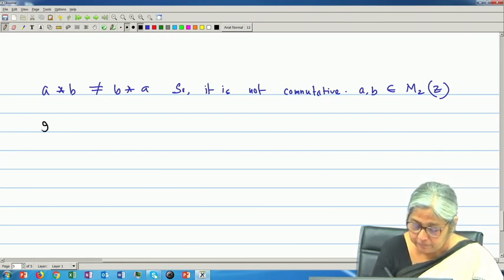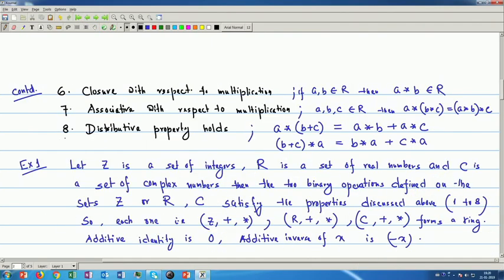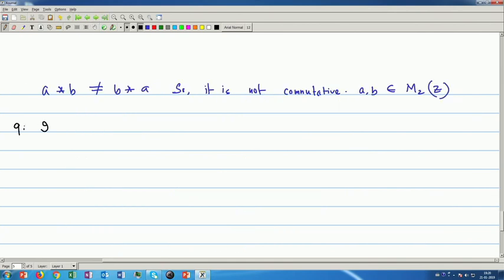That means, earlier we have seen that the ring holds 8 properties, now if we give a 9th property, that if A star B equals B star A, with respect to the operation multiplication, which may or may not be the ordinary multiplication. Okay.